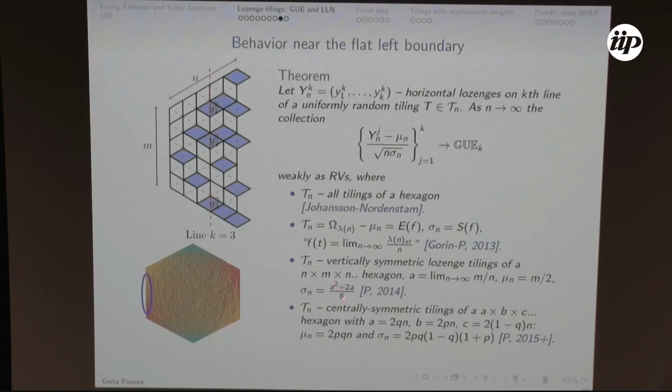And now this also holds for the vertically symmetric lozenge tiling. So we have two parameters, just n and how we rescale the hexagon. And again, one can get the numbers mu and sigma from these parameters. And for the centrally symmetric lozenge tilings that I described earlier, where again you have this global symmetry, you can zoom in near the boundary and you have the same type of behavior with whatever parameters one gets from this computation.